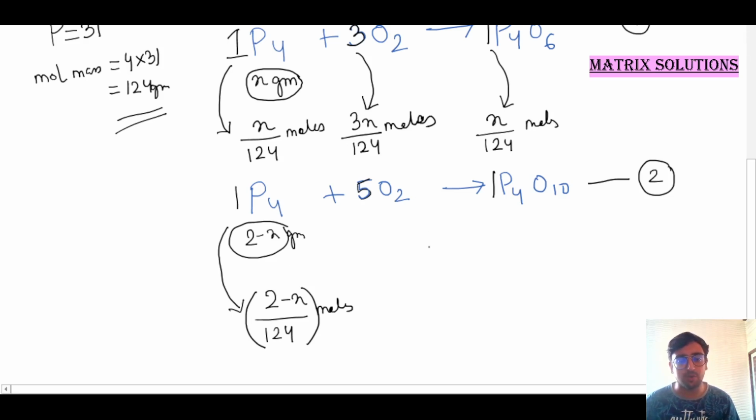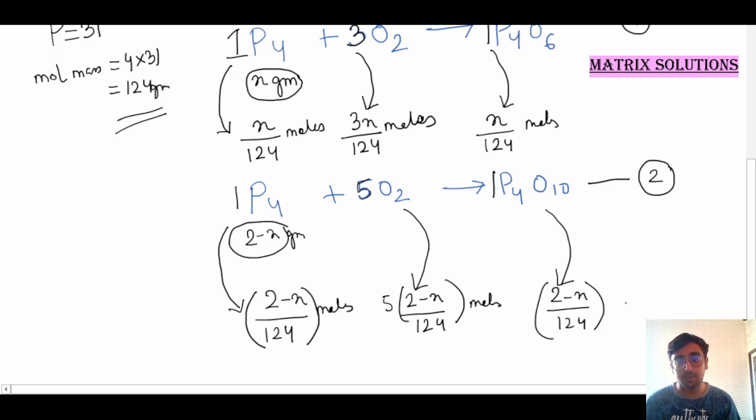So 5 moles will correspond to what? Not with respect to gram, but with respect to moles. 5 times 1 part, which corresponds to 2 minus x by 124. So 5 parts will correspond to 5 into 2 minus x by 124 moles. And here it will become 2 minus x by 124 moles.